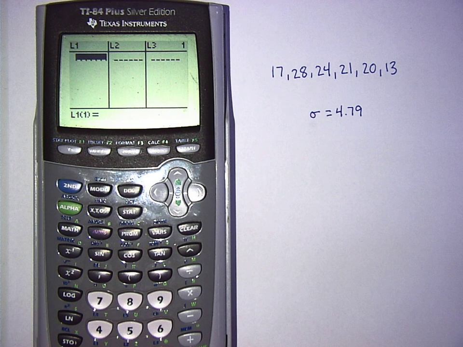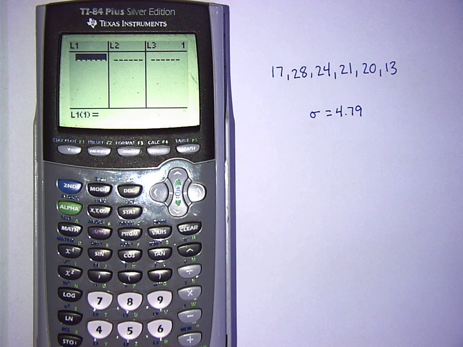Does everybody's screen say L1, L2, L3 on top? Show your partner that it says L1, L2, L3. You go up, clear, and down.